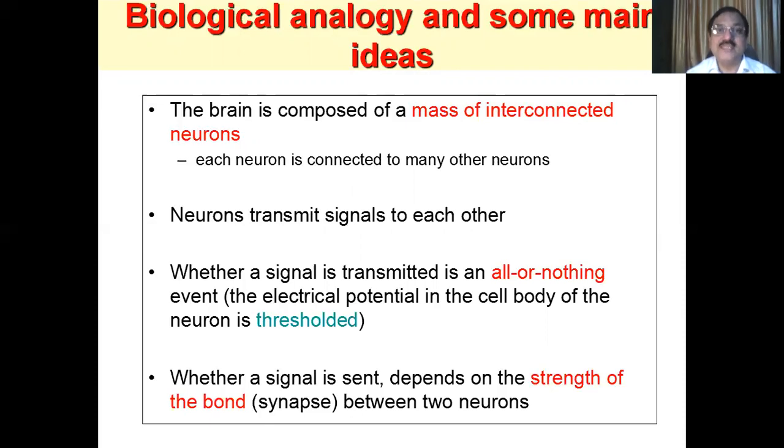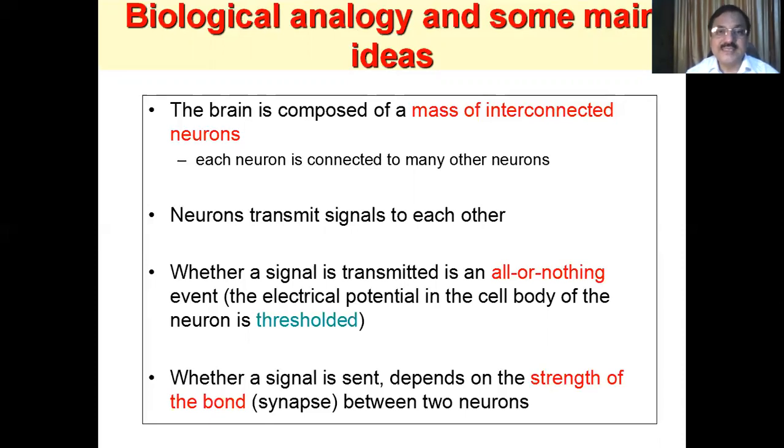Each neuron is connected to many other neurons, and neurons transmit electrical signals to each other for exchanging information and data. A signal is transmitted in an all or nothing event: the electrical potential in the cell body of the neuron is thresholded.